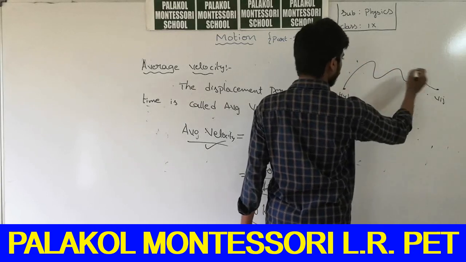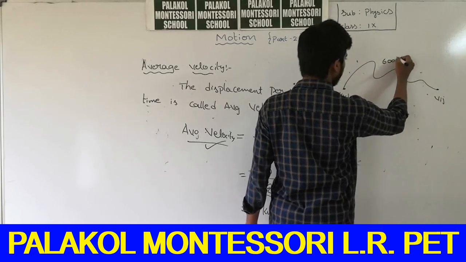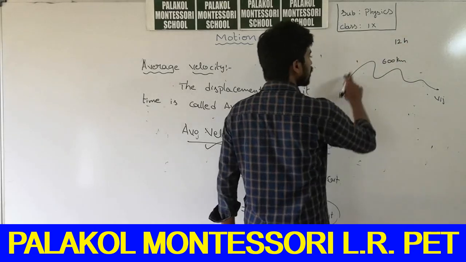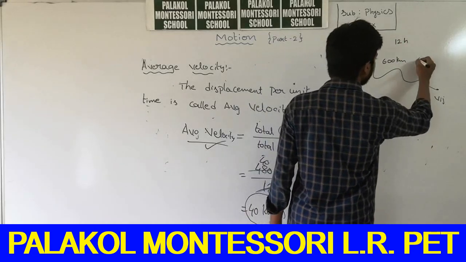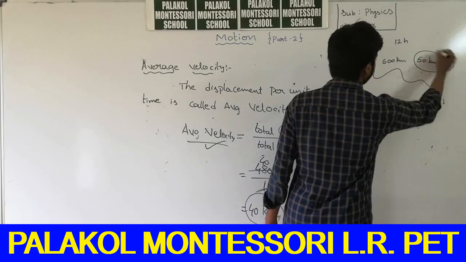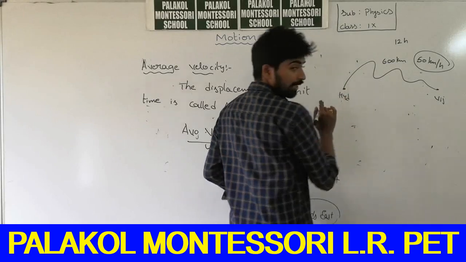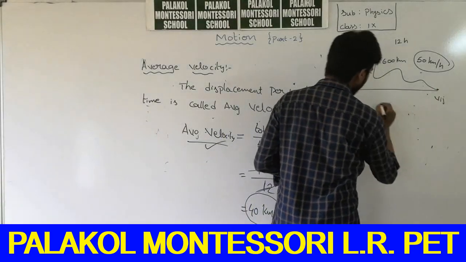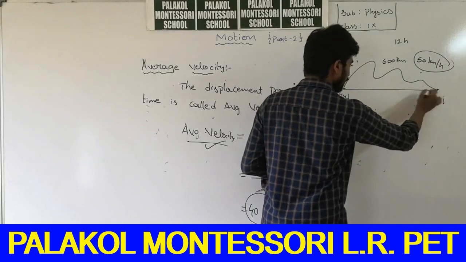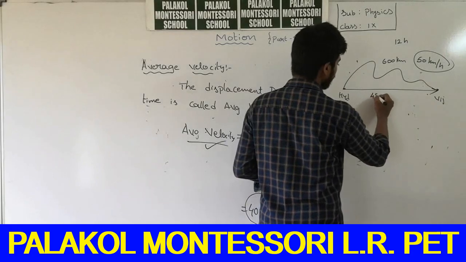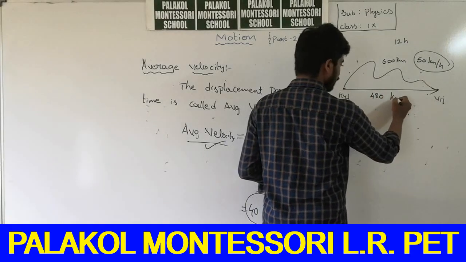The length of this road is 600 kilometers, and the time taken is 12 hours. We calculated the speed as 50 kilometers per hour. This is your average speed. The shortest possible distance between the initial and final points is the straight line, and the displacement is in this direction, towards east, with a value of 480 kilometers.